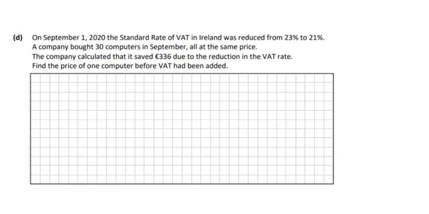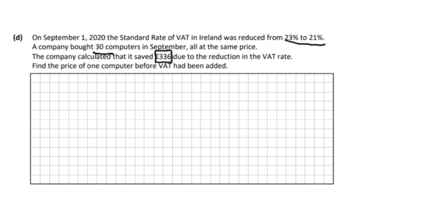So part D then. The standard rate of VAT in Ireland was reduced from 23% to 21%. A company bought 30 computers, all priced the same, and calculated that it saved €336 due to the reduction in VAT.